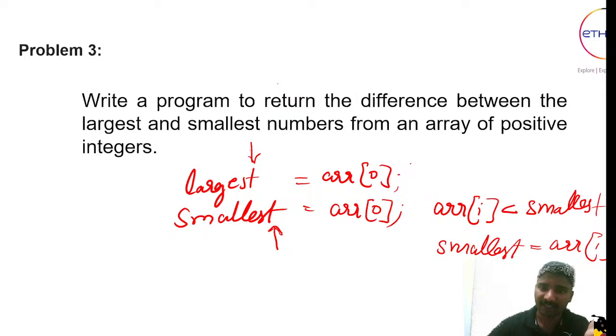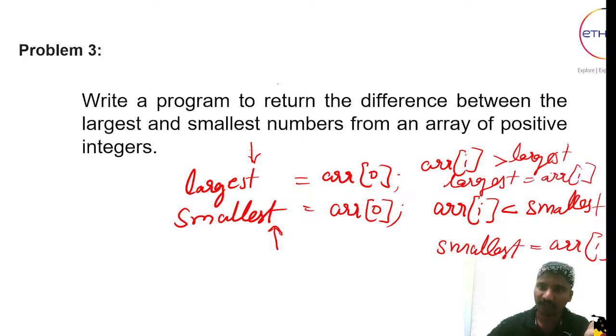And the same way, if array of I is greater than largest, then the largest value has to be updated with array of I. So you found the largest and smallest. Now can't you find the difference between them? Can't we do that? We can, right? So let me go ahead then.